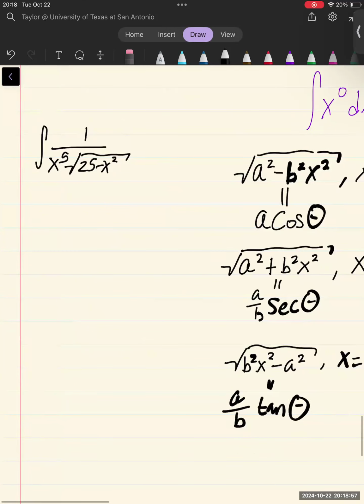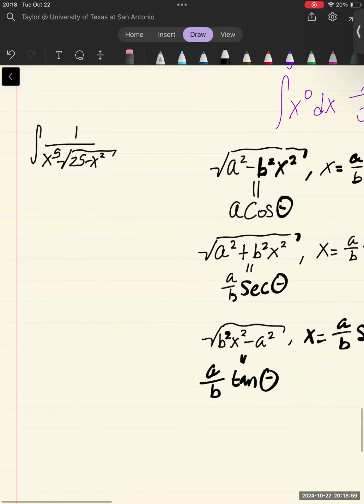All right. So back to this example, we are presented with the form a squared minus x squared. In this case, b is 1, so we don't need to worry about it. So if a squared equals 25, a equals 5.